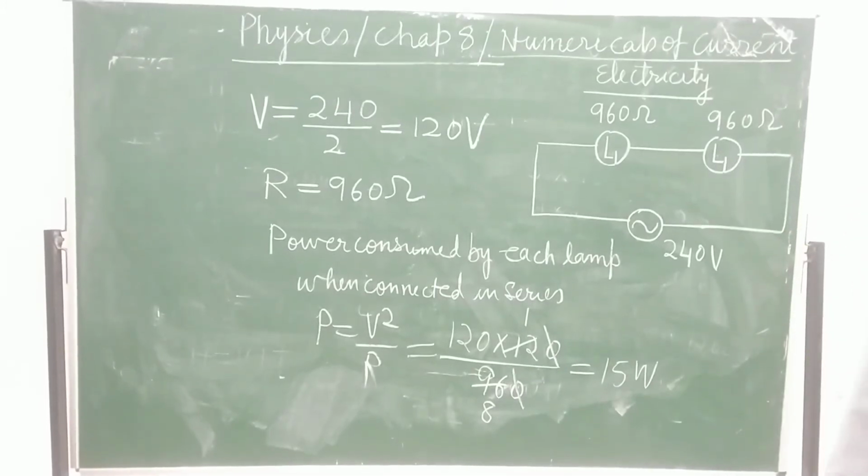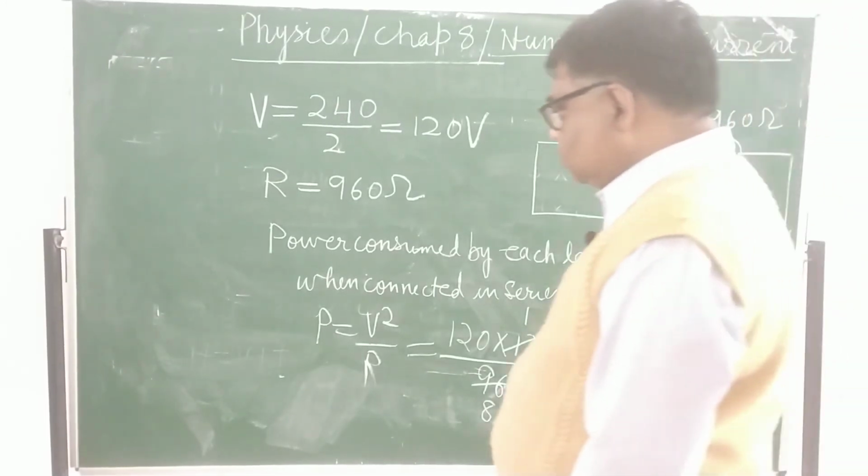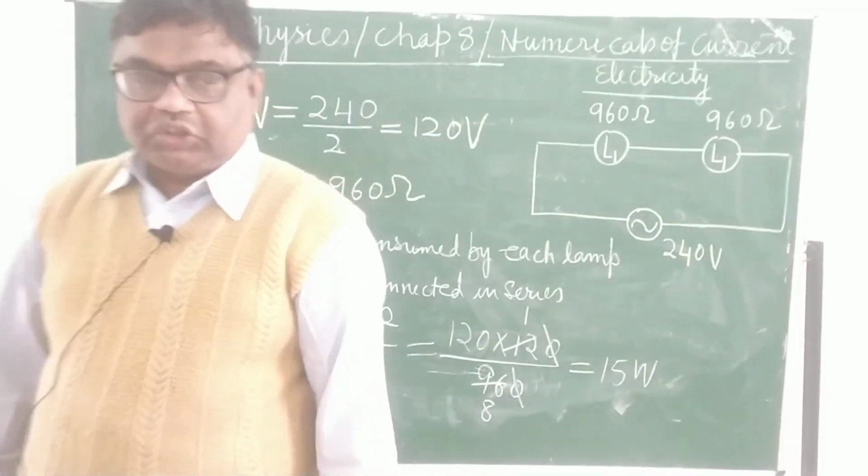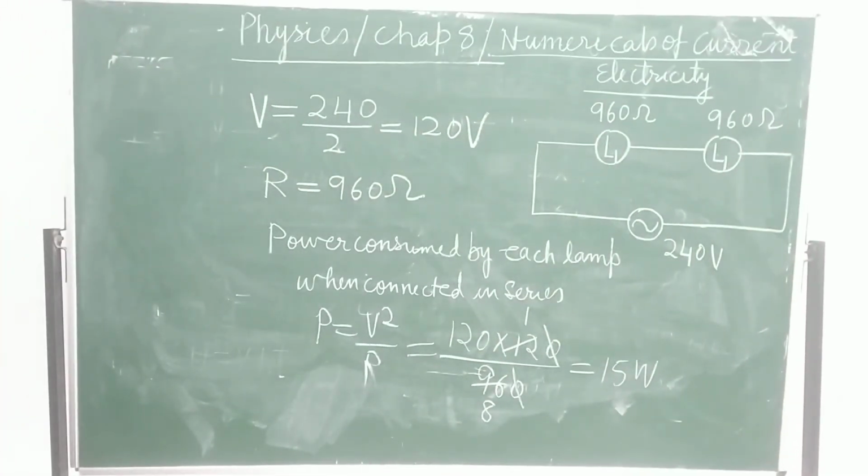So write down. Therefore the power consumed will become 1/4 of the earlier.